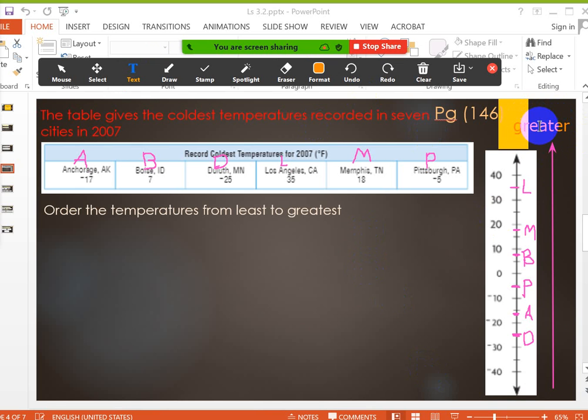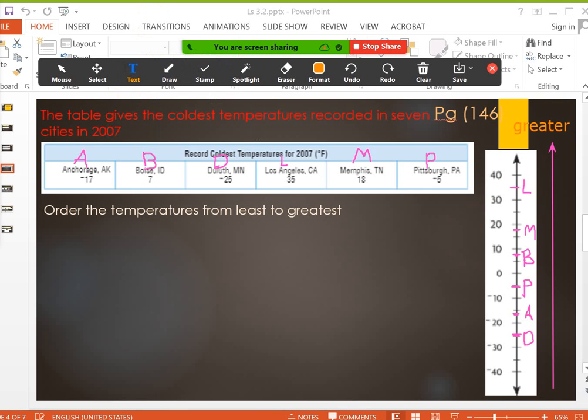Can you see it here? So the numbers become greater on the vertical number line when it goes up. So that means if I want to order the temperatures from least to greatest.